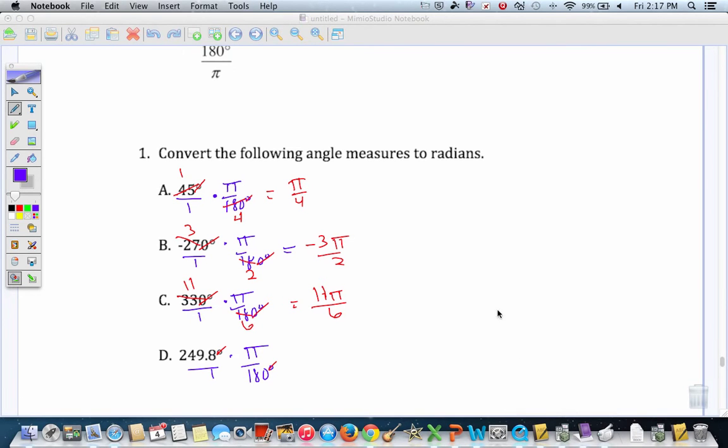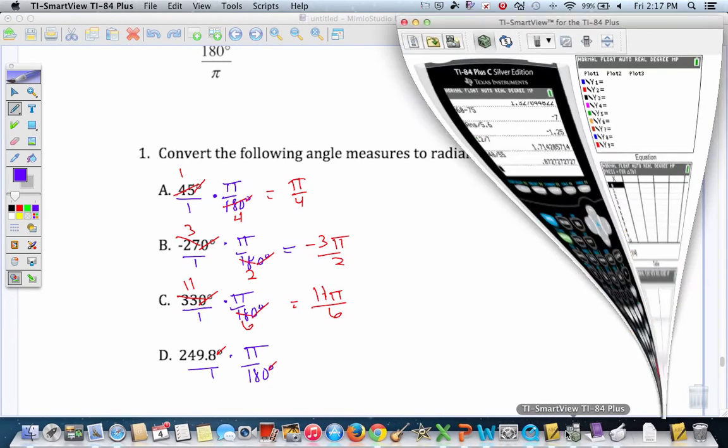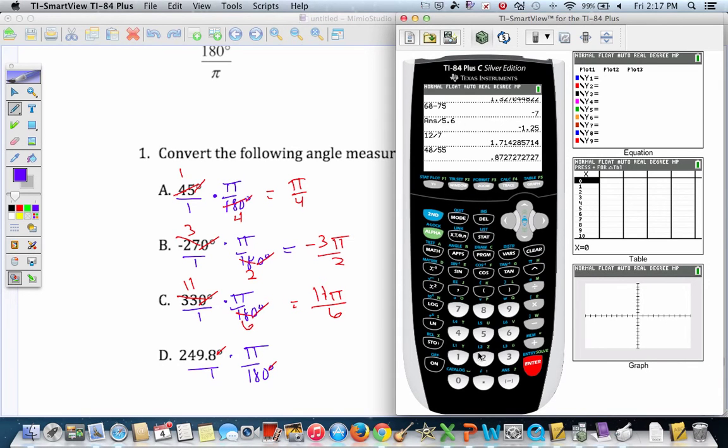After this, we simply go to the calculator and take 249.8 times pi, which is right above the caret button, and then divide by 180.